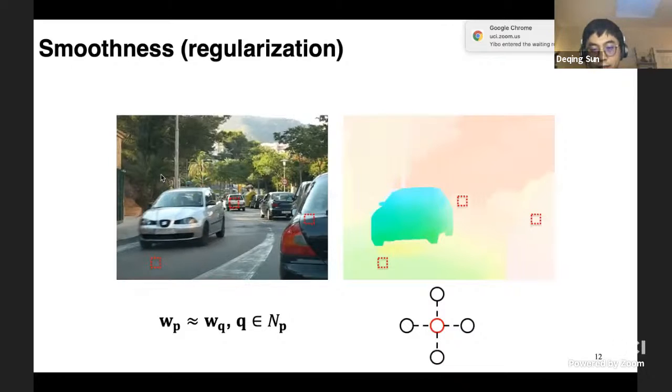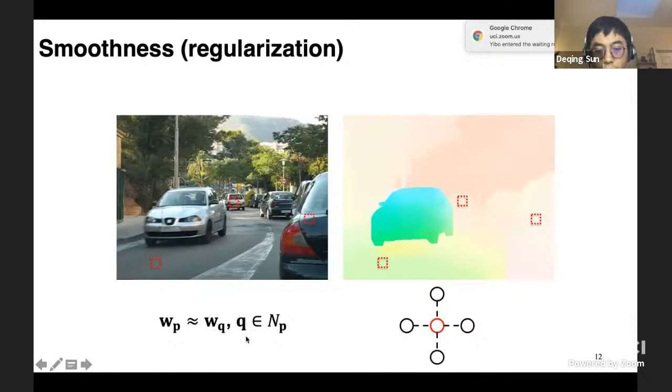And when we project the 3D motion to 2D space, a pixel P will have similar motion to its neighboring pixel Q. Here we are using the basic 4-nearest-neighbor system. A pixel is assumed to have similar motion to its neighboring pixels in this neighborhood.